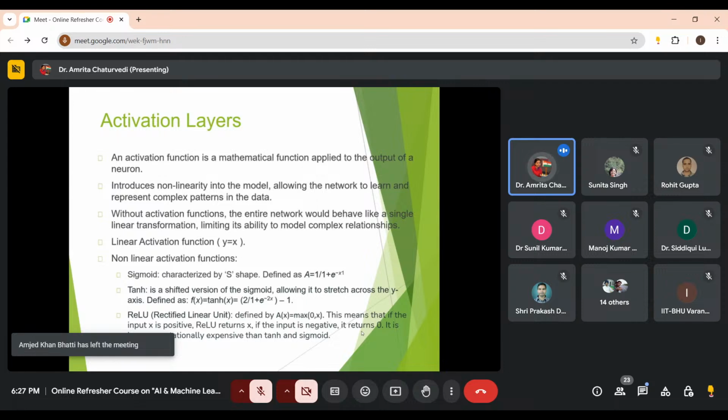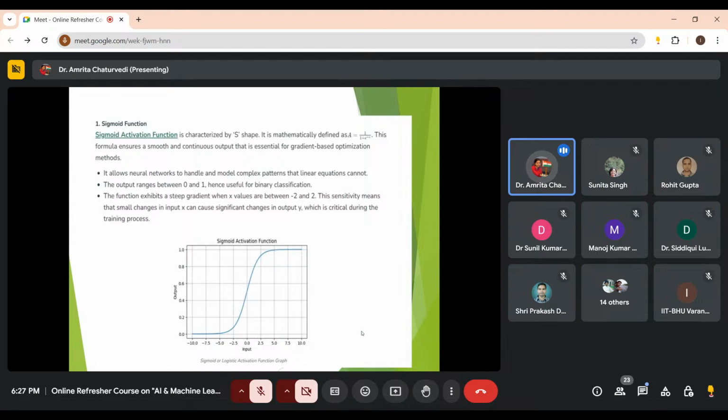This means that if the input x is positive, the ReLU returns x, and if the input is negative, it returns 0. Now, why is this important? It is computationally less expensive than tanh and sigmoid, so it makes your model a little bit faster as compared to other activation functions.